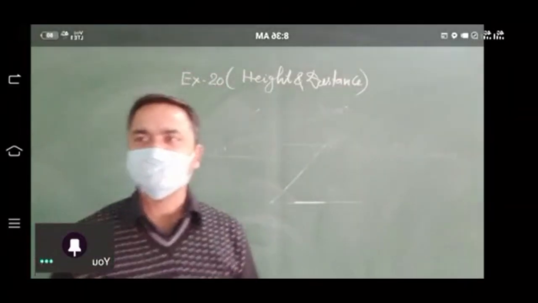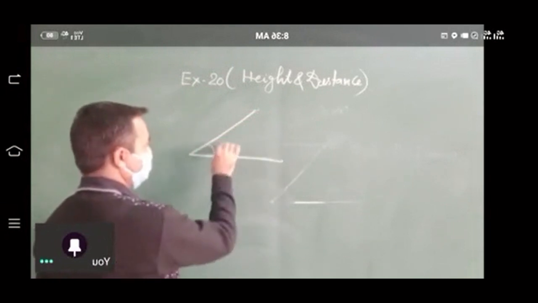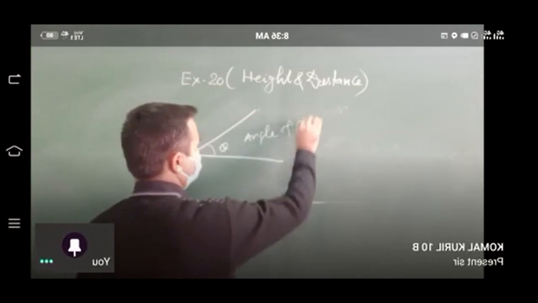You once again say here, this angle is theta and this is known as the angle of elevation.